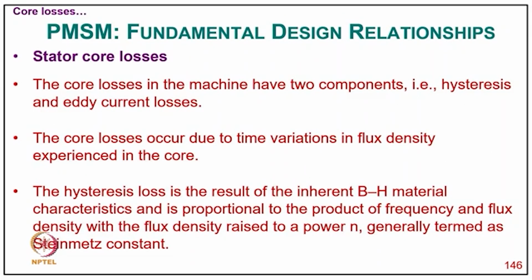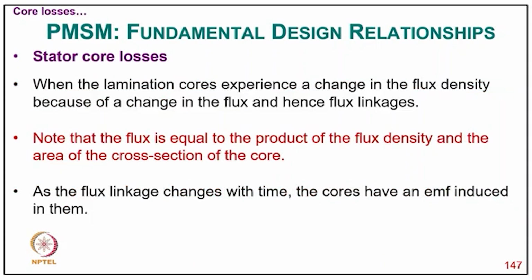So now coming to stator core losses, the core losses in the machine have two components, hysteresis and eddy current losses, and the core losses occur due to the time variations in flux density experienced in the core. The hysteresis loss is the result of inherent material characteristic and is proportional to the product of frequency and flux density raised to a power n, generally termed as Steinmetz's constant.